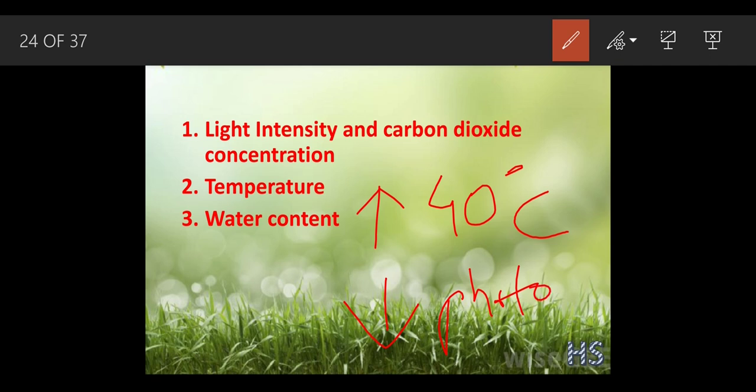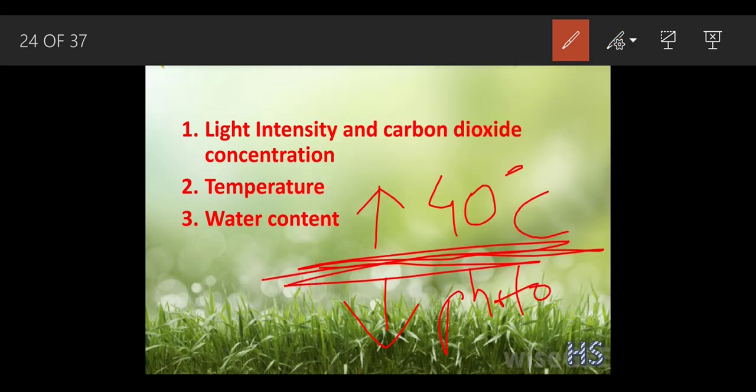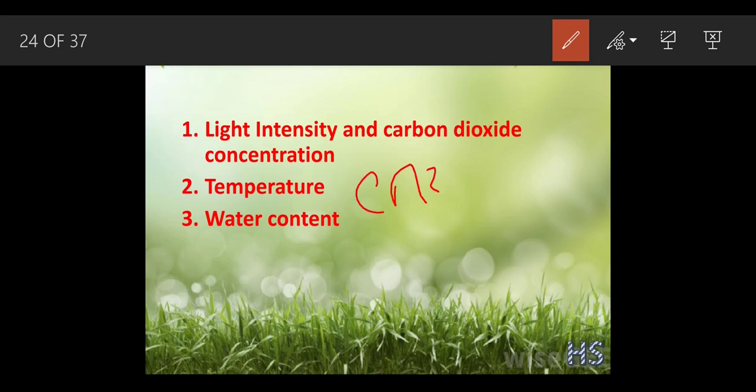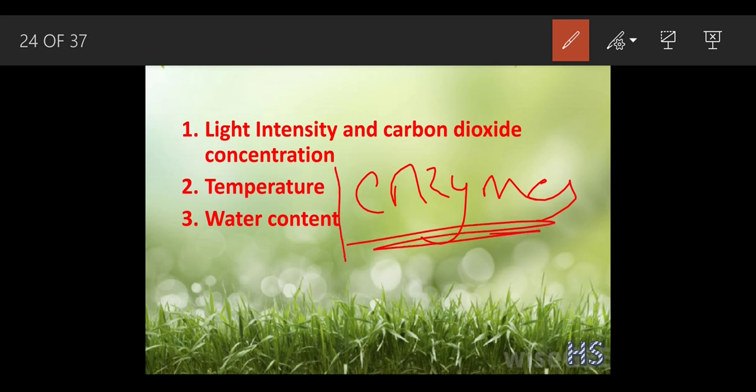The reason behind that is that at 40 degrees Celsius, the enzymes which are present inside the plant are destroyed. So if the enzymes get destroyed inside the plant, what is going to happen? Definitely there would be an effect on the rate of photosynthesis, and because of this the plants won't survive for a longer period of time. So temperature plays an important role.